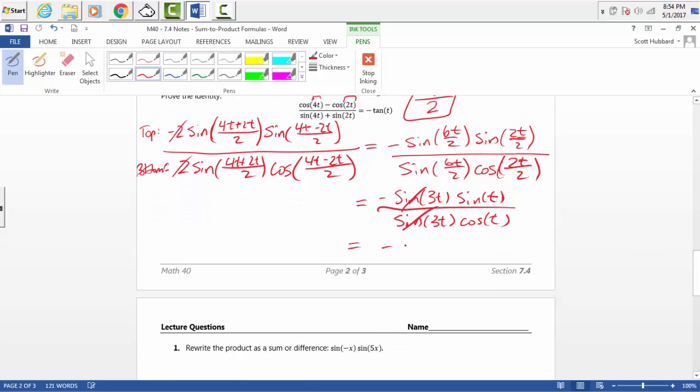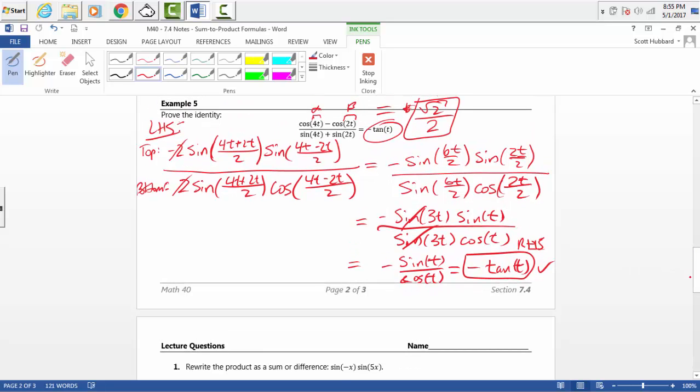And so I'm left with negative sine over cosine. So sine over cosine is tangent, so it's negative tangent. Okay, and that was the right-hand side. So we started with the left-hand side, and we ended with the right-hand side, which is the whole goal of doing an identity.